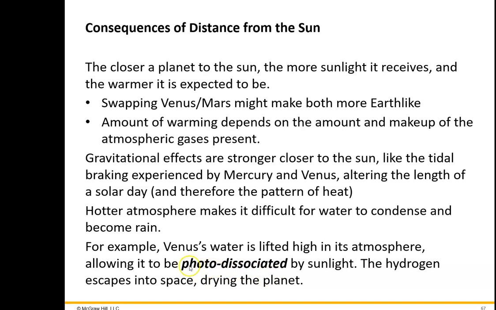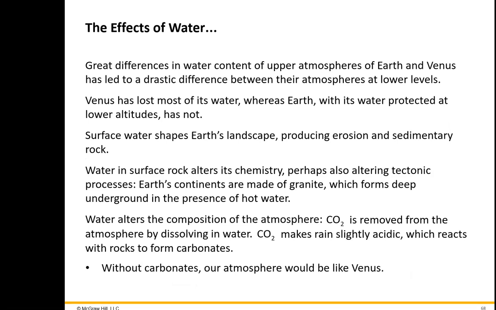That's where the molecule of two hydrogens and an oxygen separates because the sunlight is so intense, and so the hydrogen floats off into space and leaves behind some oxygen in the upper atmosphere. All right.